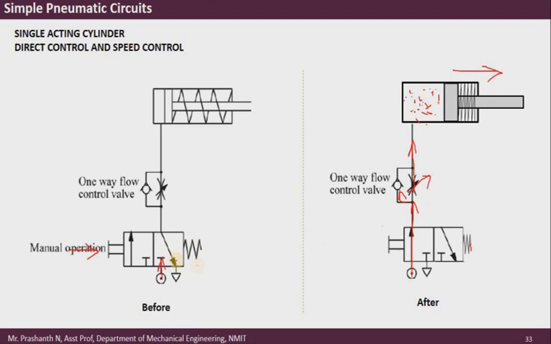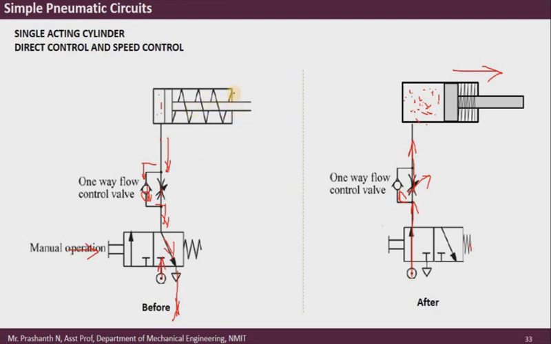This will restore the valve to its original position, and as a result whatever air is present on this side will come out of the cylinder, but instead of going through the throttle valve, it will move towards the check valve. Now the ball gets pushed, so the air can easily pass through, and finally it will get exhausted at the output.